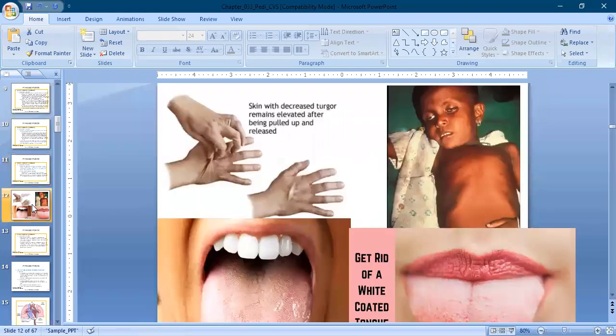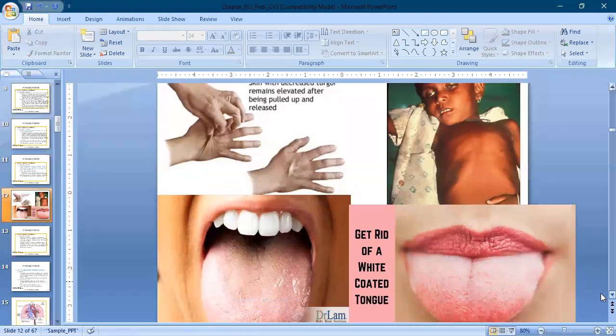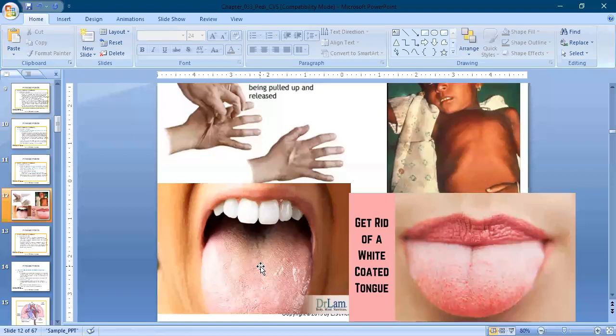So in this picture, you can see this baby's eyes are sunken, right? Sunken eyes are a prominent feature of dehydration. Or if we see in this picture, the tongue is dehydrated, a coated tongue. This is the coated tongue.